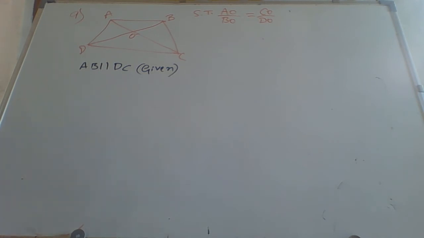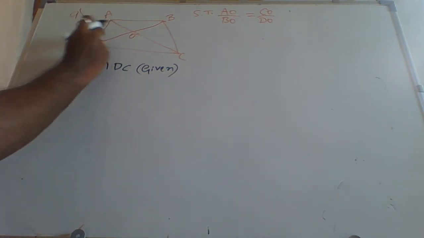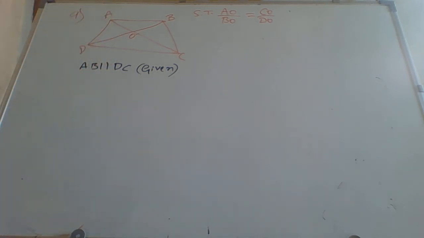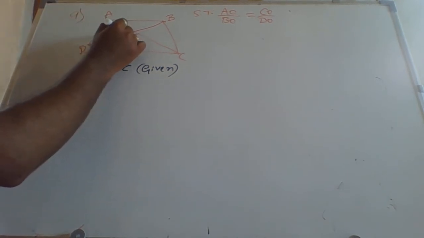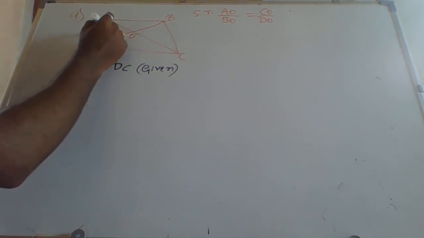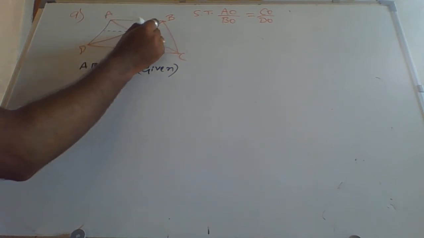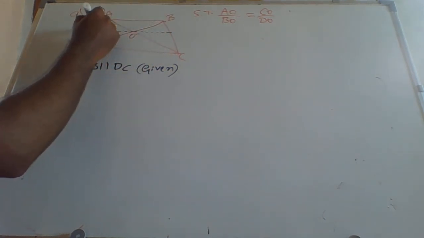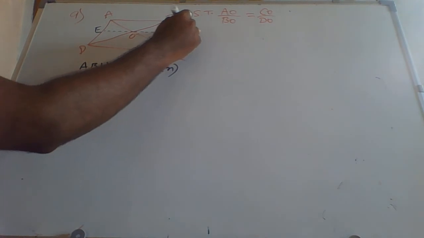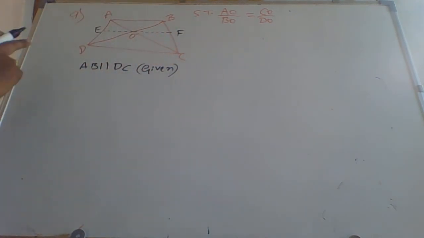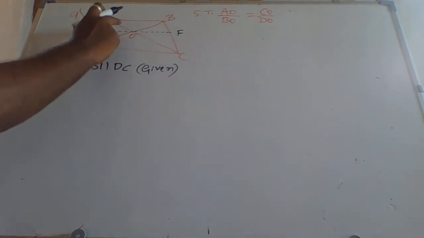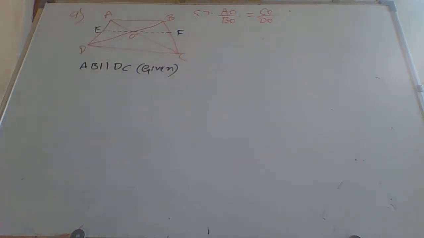Draw a line EF through point O which is parallel to DC. See here, I will draw one line EF which will pass through point O, and this EF should be parallel to CD.